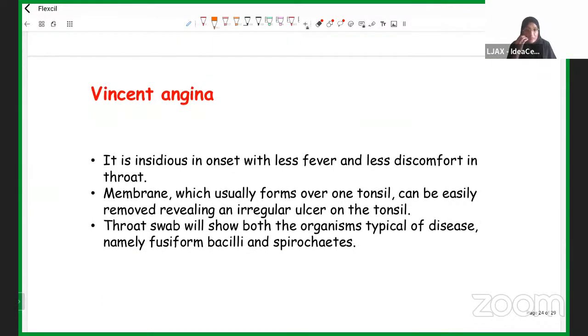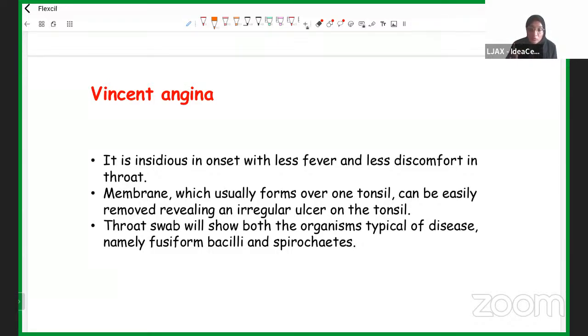Now, what is Vincent's angina? It is an insidious onset with less fever and less discomfort in the throat. So there is fever, let's say low-grade fever, and the patient will have some discomfort in the throat. Here, the membrane, which usually forms over the tonsils, can be removed, revealing an irregular ulcer on the tonsil.